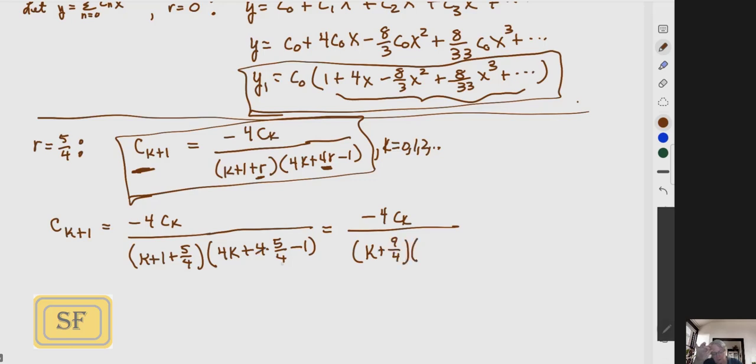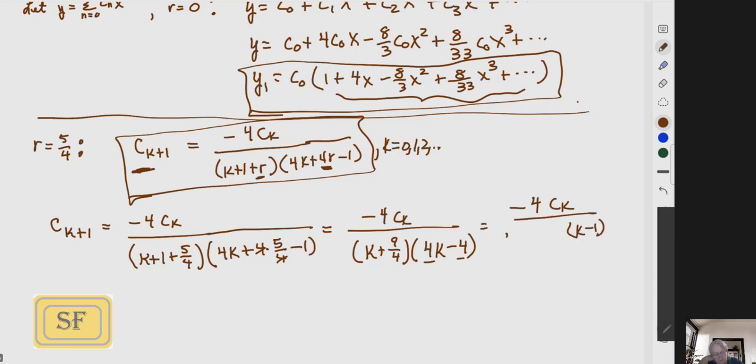And on that second parenthesis, you can cancel those 4's. So you get 4k plus 5 minus 1. Oh, nice. 4k minus 4. We can factor that 4 out. And I'm not going to reduce the 4, but I'm going to factor this 4 out to give me a k minus 1.